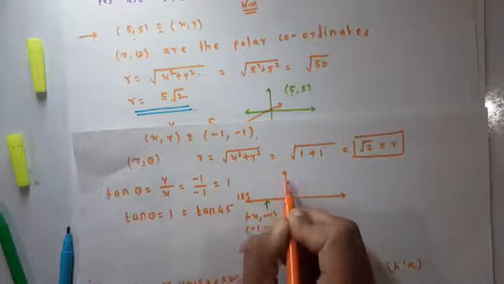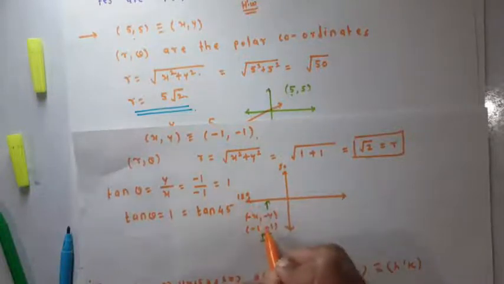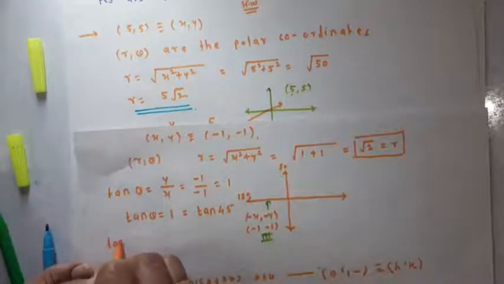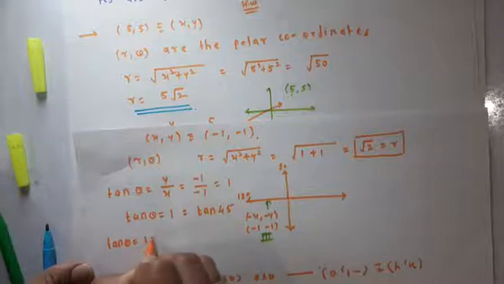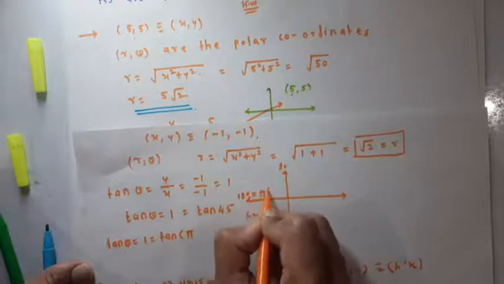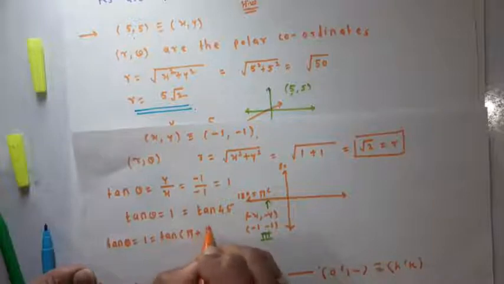This is 90, 90, 180, and 180 plus 45. Therefore here tan theta equal to 1, and that is tan of 180, which means pi, 180 means pi radians. Okay, pi plus pi by 4.